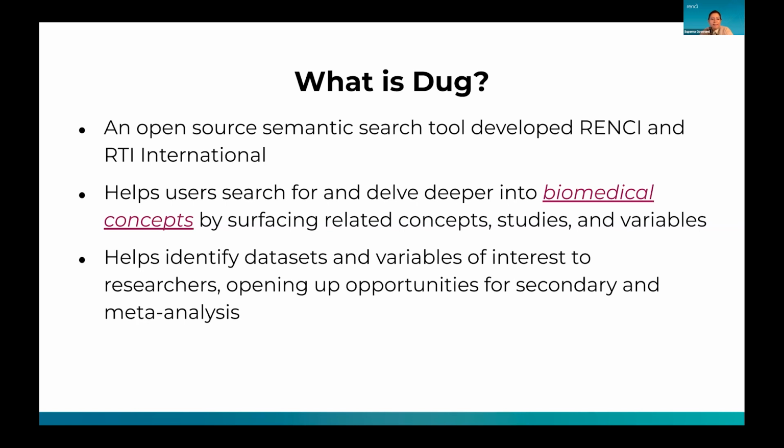What DUG does is help users search for and delve deeper into biomedical concepts by surfacing related concepts, studies, and variables. It helps users identify data sets and variables of interest to researchers and therefore opens up opportunities for secondary and meta-analysis and knowledge discovery, new hypothesis generation, and testing of those hypotheses.